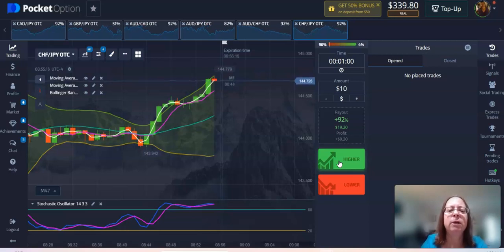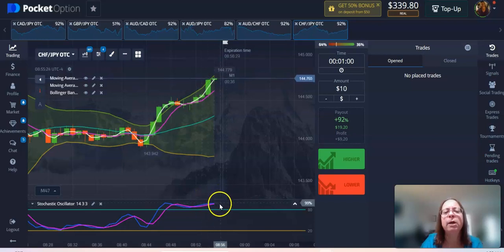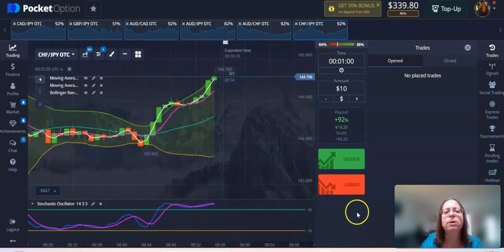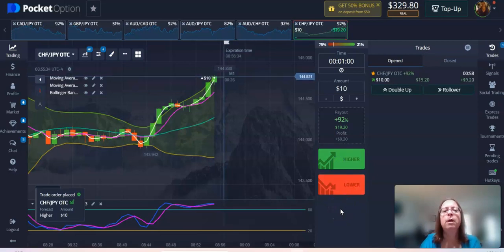It looks like it is, but the stochastic oscillator also looks like it's going back down to where it's meeting with the other line. So we will see what this one does and see if the candles continue up. And it looks like it's moving pretty quick, so I'm going to get in and we will see what this one does.